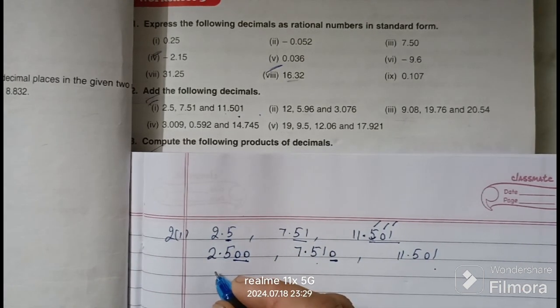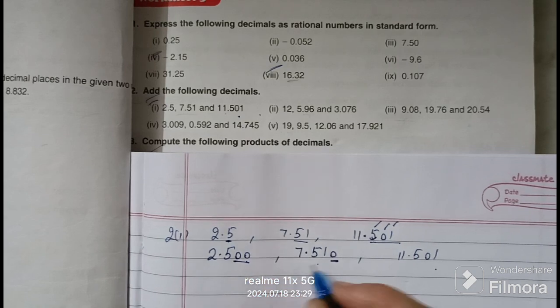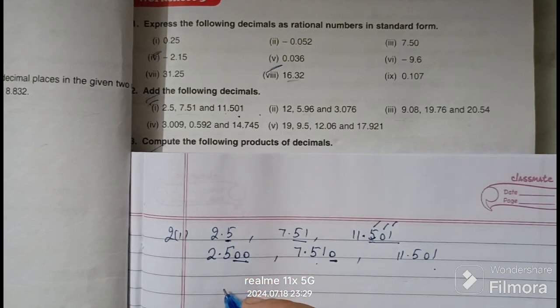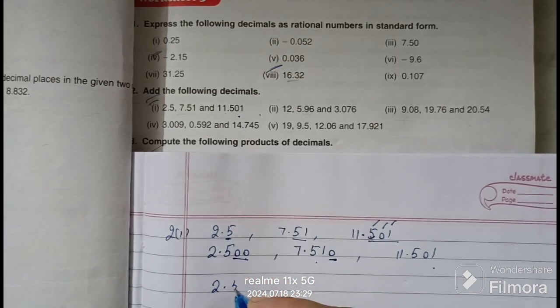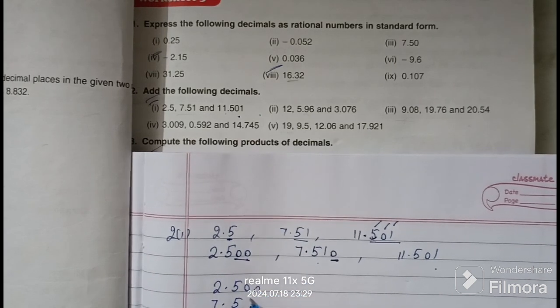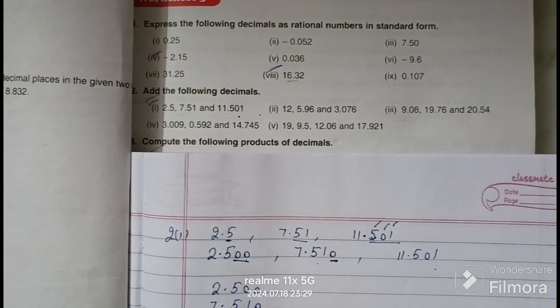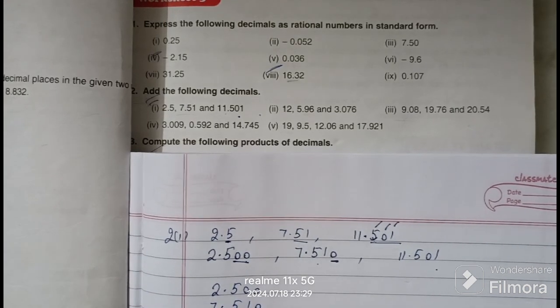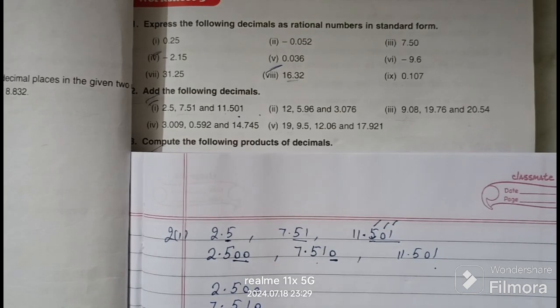Now there is a need to add these 3 decimal numbers, so I'm going to add them. 2.500, the next is 7.510, and the next is 11.501. मुझे किस बात का ध्यान रखना है, the important thing is 11, मुझे डेसिमल के नीचे डेसिमल लिखना है.